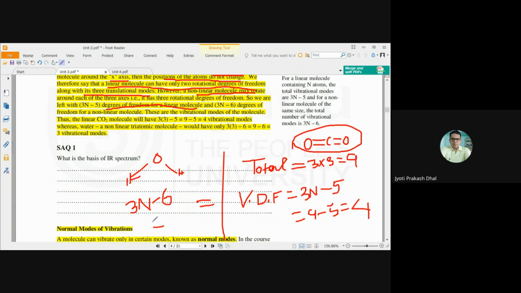In place of n you can put 3, because in a water molecule 3 atoms are there. So 9 minus 6 equals 3. For the water molecule, the number of vibrational modes equals 3, and for the carbon dioxide molecule, the number of vibrational modes equals 4.